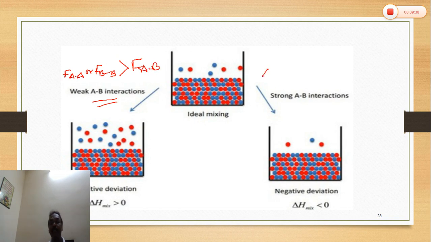In this case, FAB interaction is greater than FAA or FBB. This is positive and negative. So non-ideal solutions means solutions that do not obey Raoult's law. And there are two types of deviation: positive deviation and negative deviation.